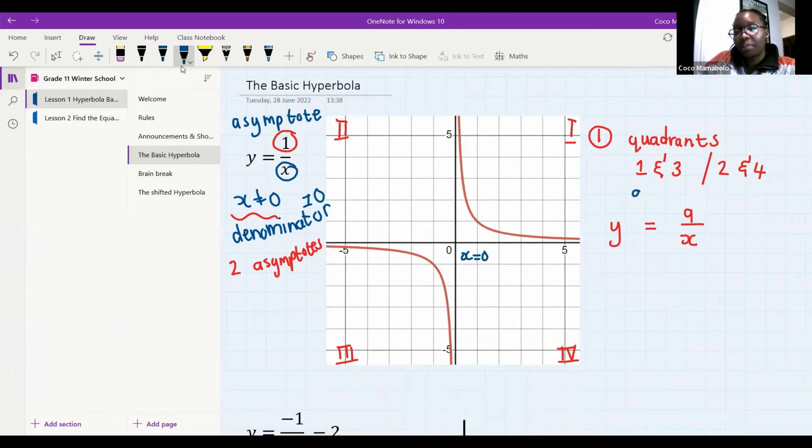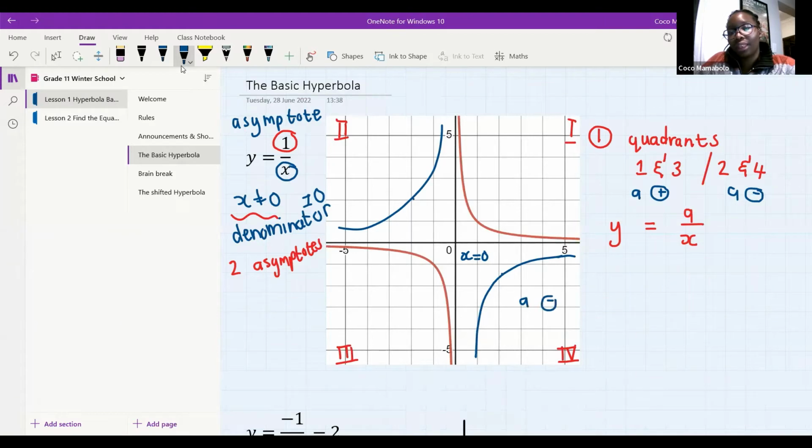But when a is positive, when this number over here, the number above the denominator is positive, your two graphs are going to be in quadrants 1 and 3. And when your a over there is negative, your two graphs are going to be in quadrants 2 and 4. So my graph is going to look like that. Okay, it's going to look like that. So in these two, this graph and that one, my a is going to be negative in those two graphs.